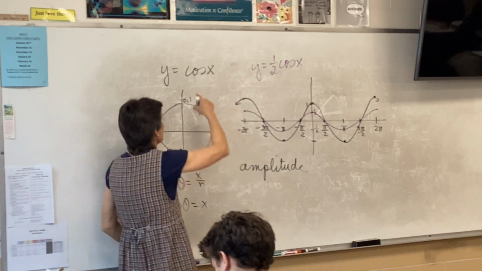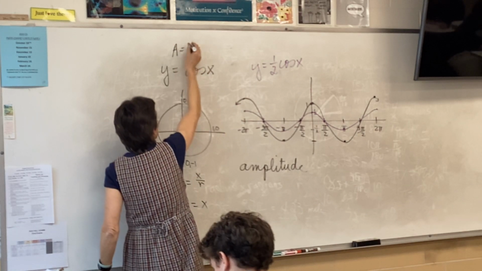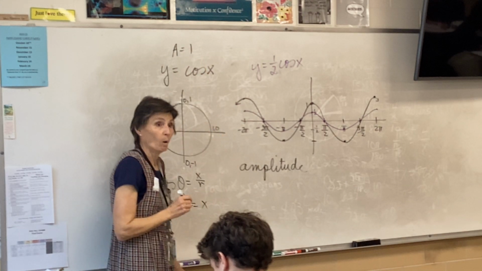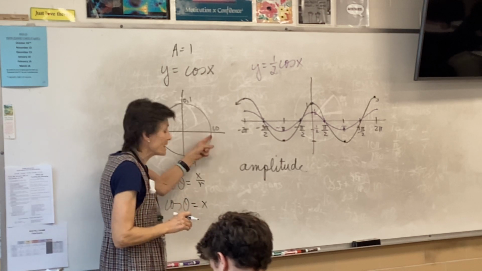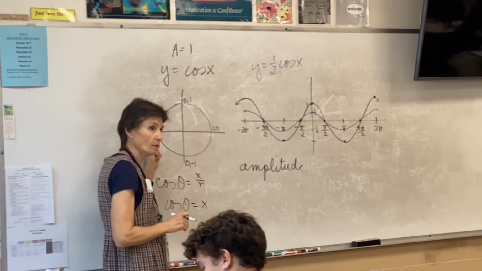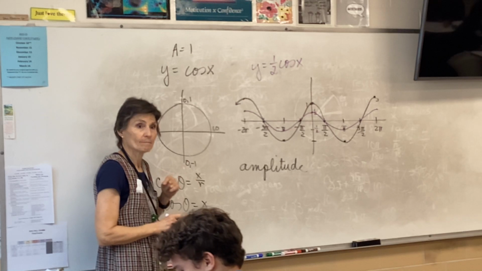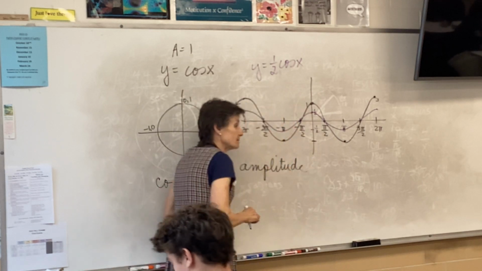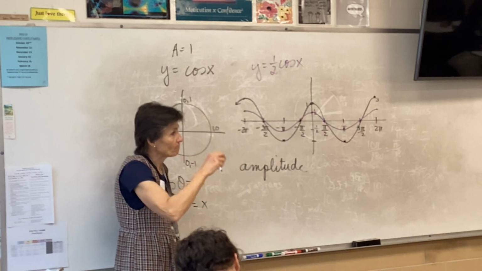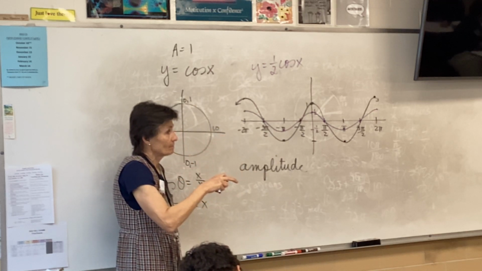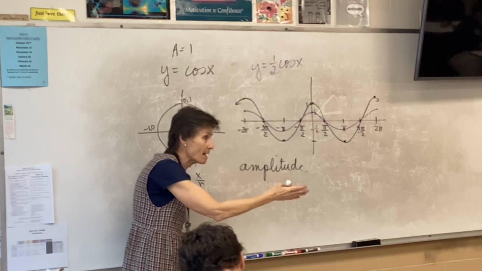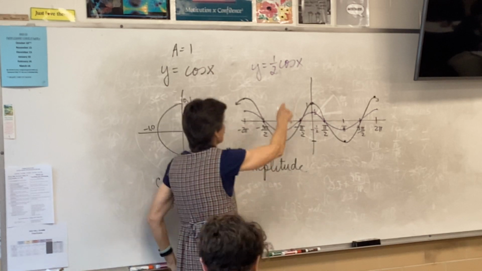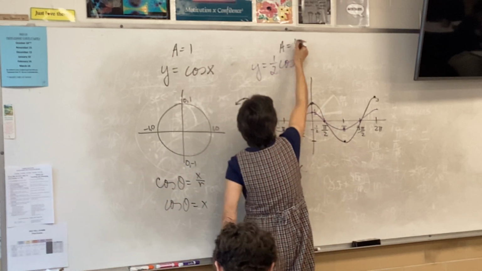So the amplitude of the original cosine is 1, because the radius of the circle is 1. If we stick a number out in front, that number multiplies the height, so it multiplies the amplitude. So the amplitude of the purple one is 1/2.